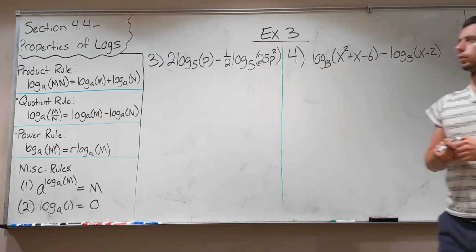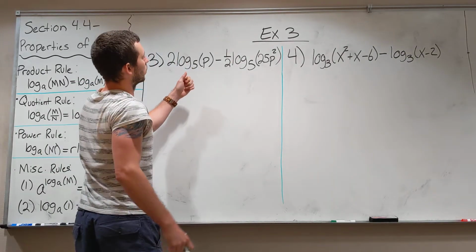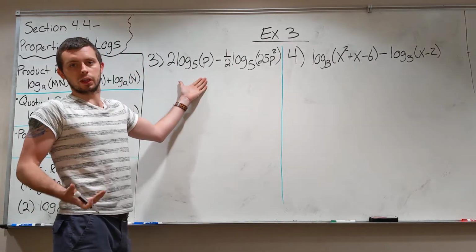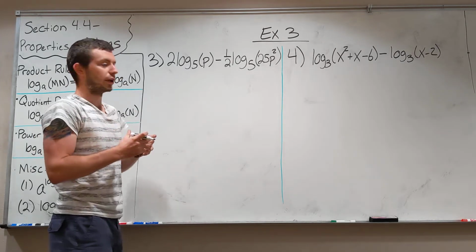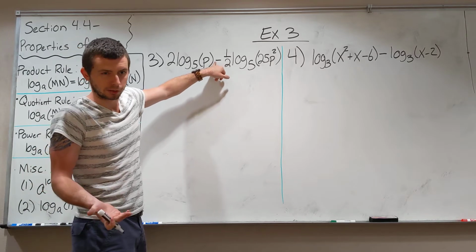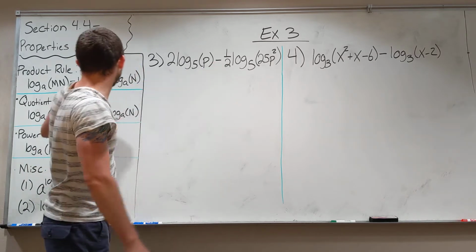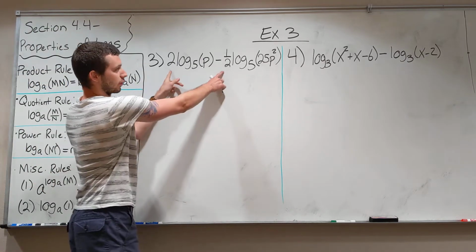All right, so we'll go ahead and look at 2 other problems, 3 and 4. So the premise is we're trying to get all the logs to become 1. We see that there is a difference of logs because there's a minus sign, and that would normally fall under the quotient rule. However, there are these numbers in front.